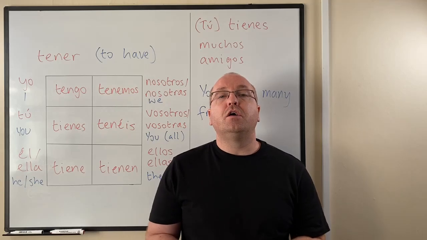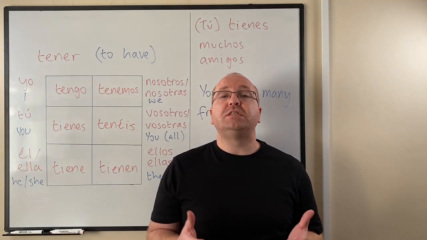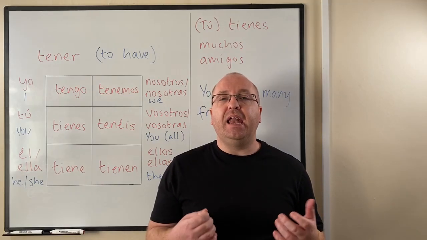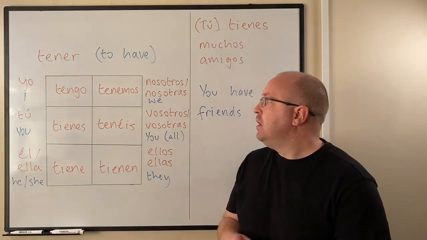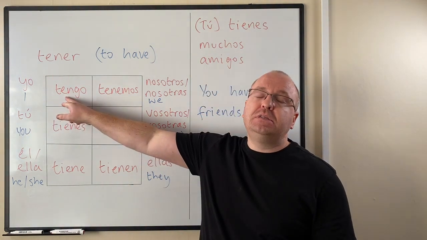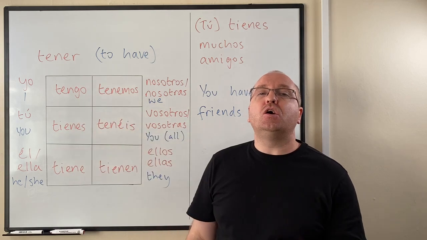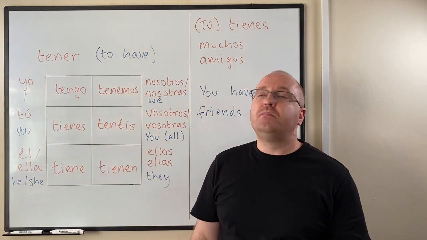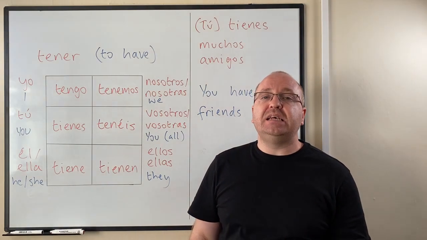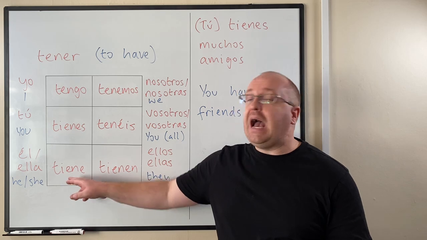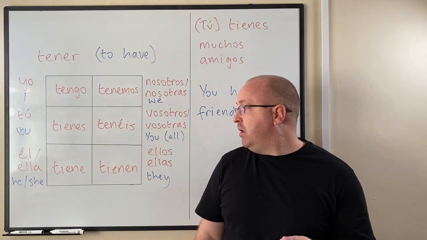Okay, so now we're going to look at the verb tener, which means to have. Now let's look at the conjugated forms. So, I have, tengo. You have, tienes. He or she has, tiene.